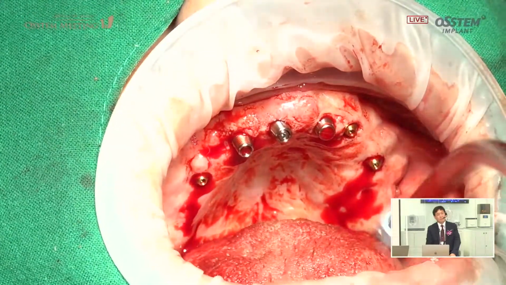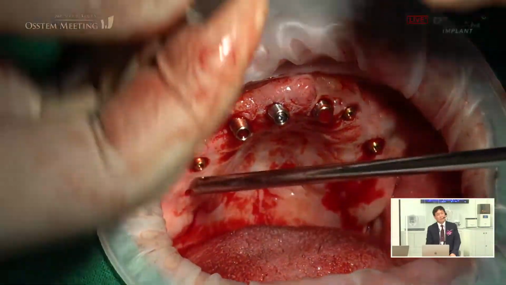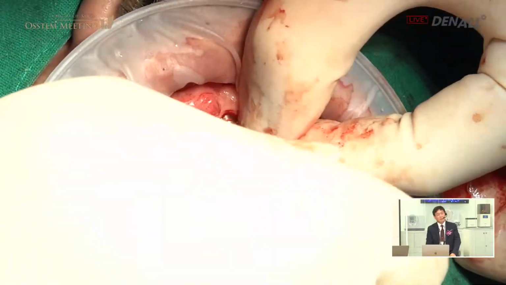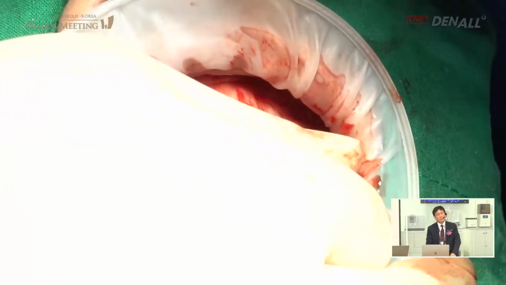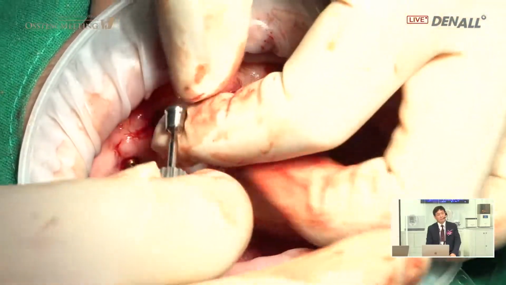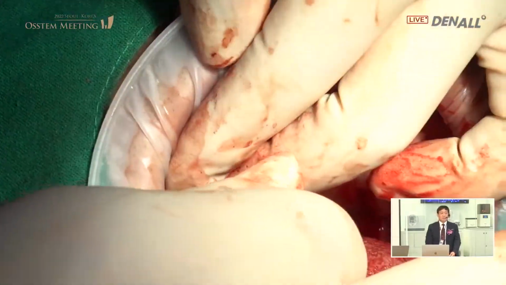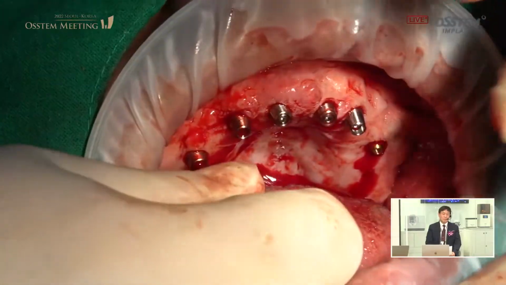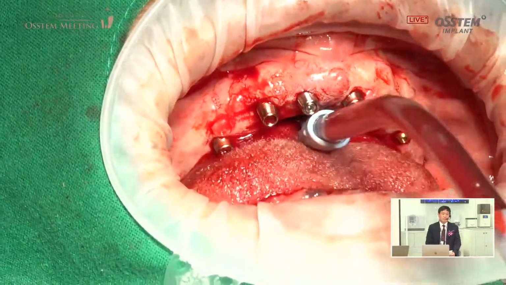So in the maxilla, if the prosthesis cannot be properly connected, the interfering area, 4 millimeter height and 10 degree would get rid of the interference.